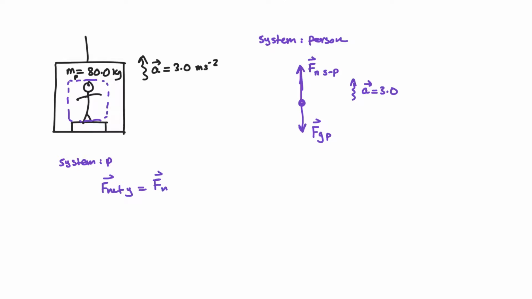That's Fn SP plus Fg acting on the person, and that's equal to mass of the person times the acceleration. Note that whatever your system is, that needs to be the mass that you're using here. And in terms of directions, I know that the acceleration is going upwards, so I am going to put a positive here.